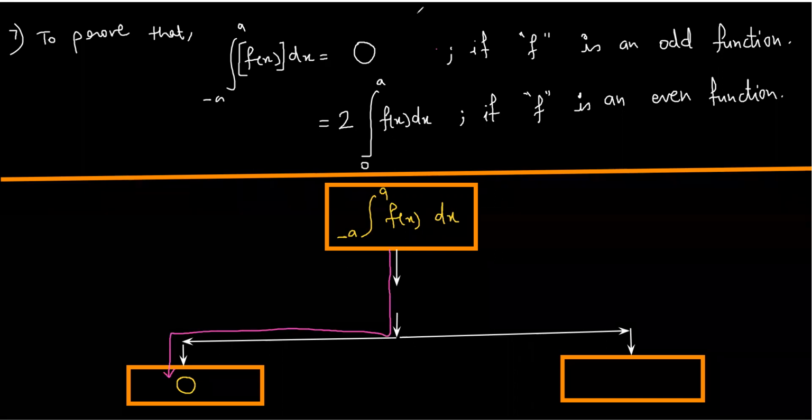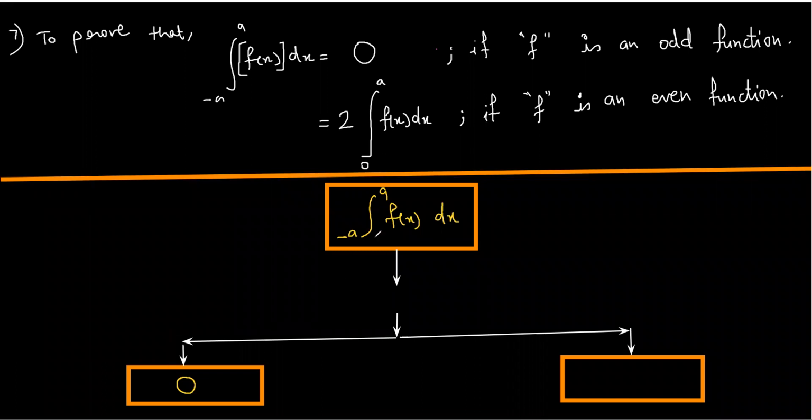When does it become 0? When f is an odd function. So here I write f is an odd function. And this minus a to a f of x dx becomes 2 times 0 to a f of x dx when f is an even function.